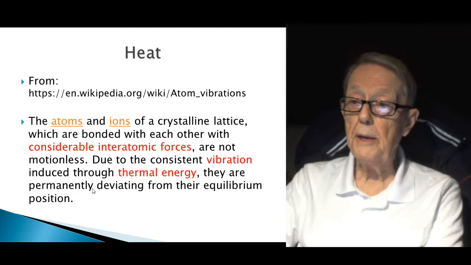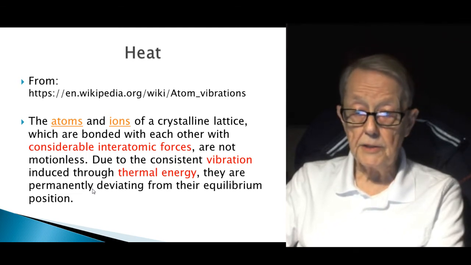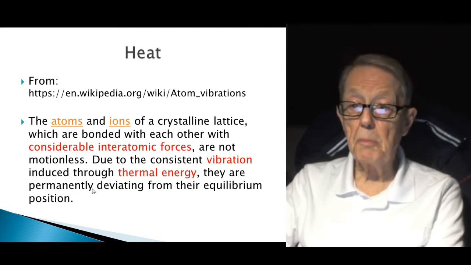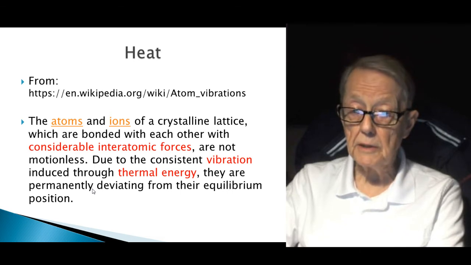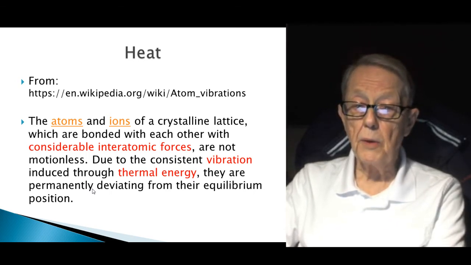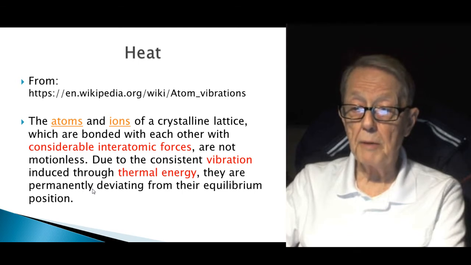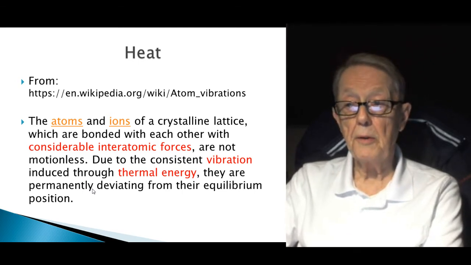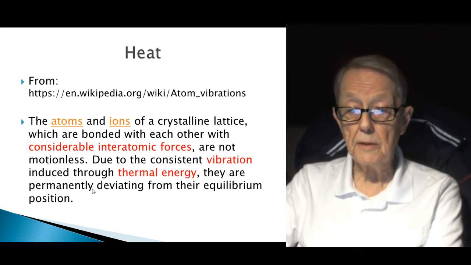So I looked up heat. And this is from Wikipedia, and it talks about atom vibrations. Let's read this. The atoms and ions of a crystalline lattice are bonded with each other with considerable interatomic forces. By the way, in the particle model, that would be the G2 force field.